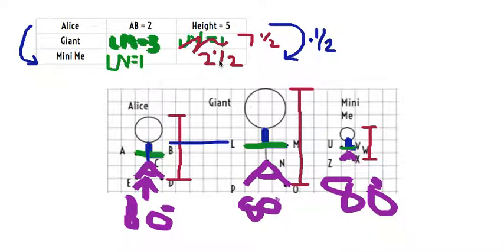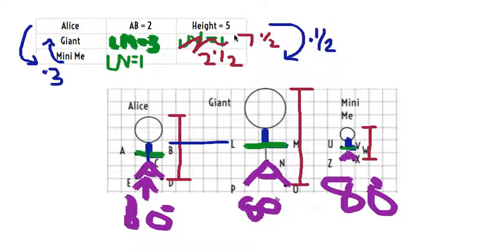Well, now that we're at 2.5, and now that we're at 1, to get from the Mini-Me to the giant, is there a scale factor here? So to get from 1 to 3, I could triple it, or times 3. And that works here as well. 2.5 to 7.5 also triples. So I can do times 3 as my scale factor to get from the Mini-Me to the giant.